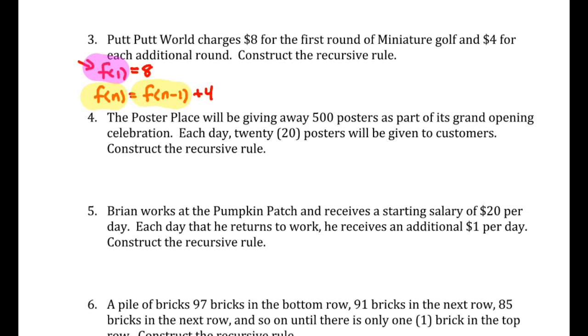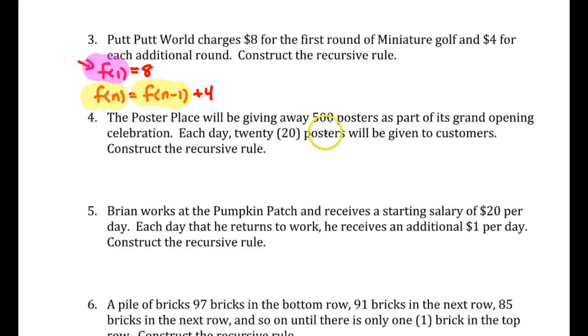Just know that these differences can be plus or minus. So we can be spending a little bit more on each one, or it can actually go down. So if you look at number 4, you can see here that they're giving away 500 posters, and they're giving away each day 20 posters.